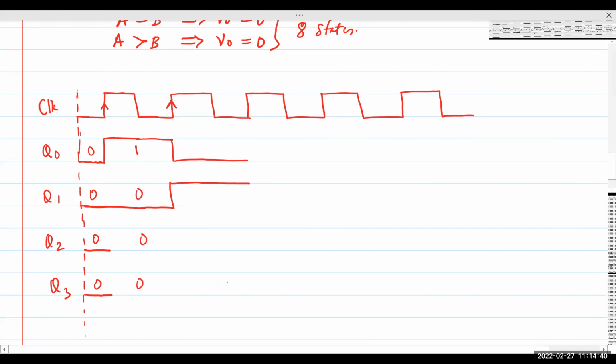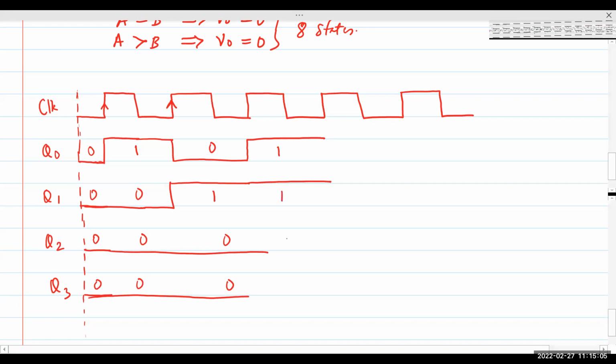And then so on and so forth. 0, 0, 1, 0. And then this goes high. And this remains 0. Fourth clock pulse, it goes to 0, 0, 1, 1. This goes 1. This stays 1.